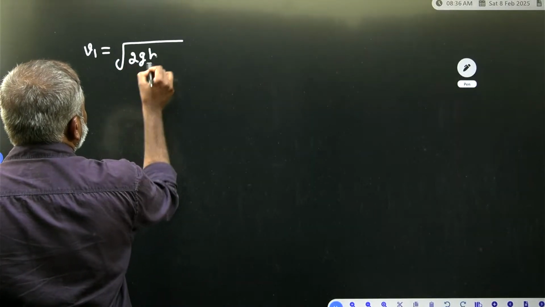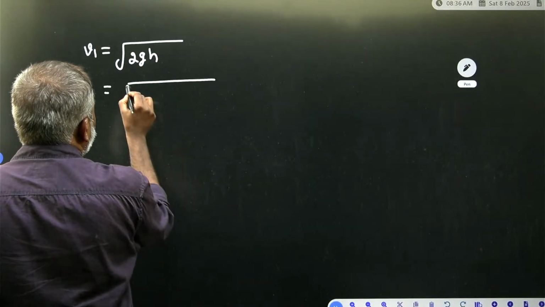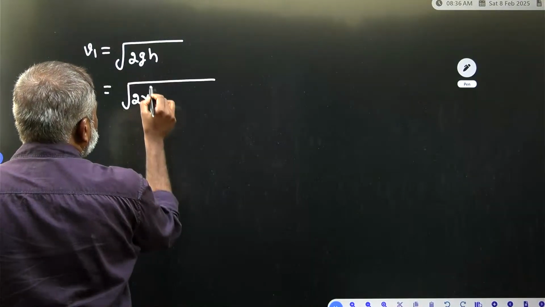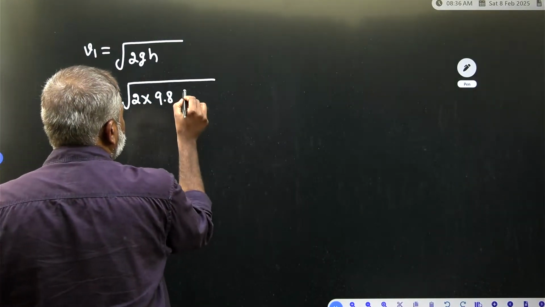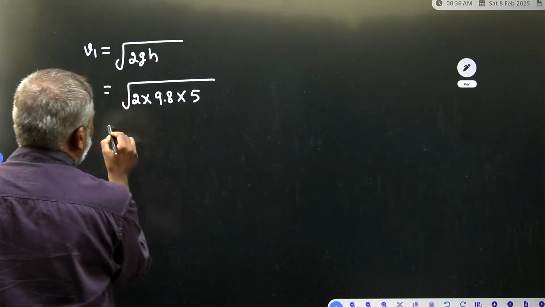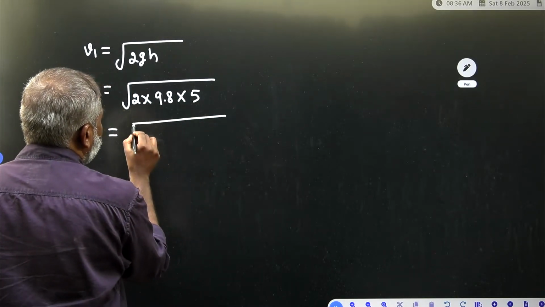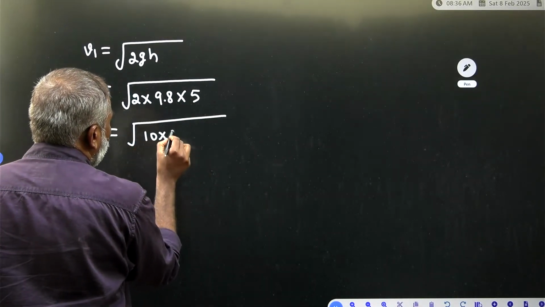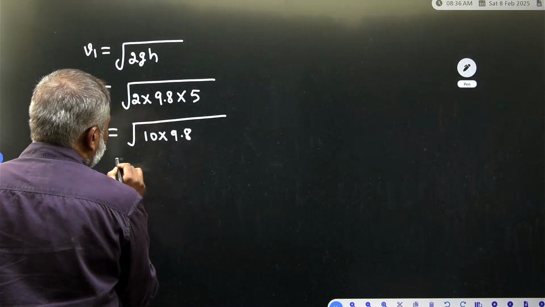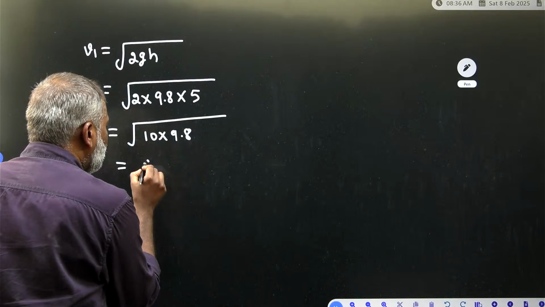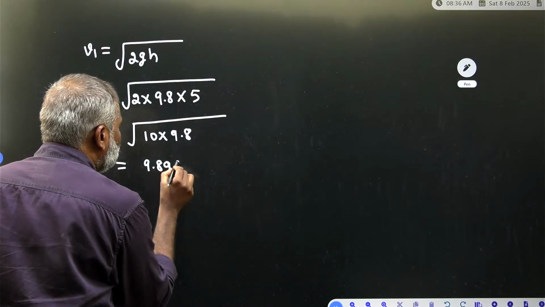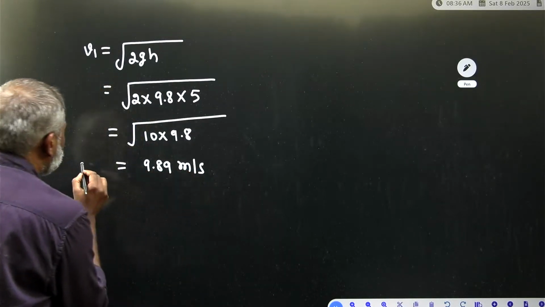Here g is the acceleration due to gravity, 9.8 meter per second square, and h is equal to 5 meters. Now simplify: square root of 10 into 9.8 is equal to 9.89 meter per second. So this is v1.